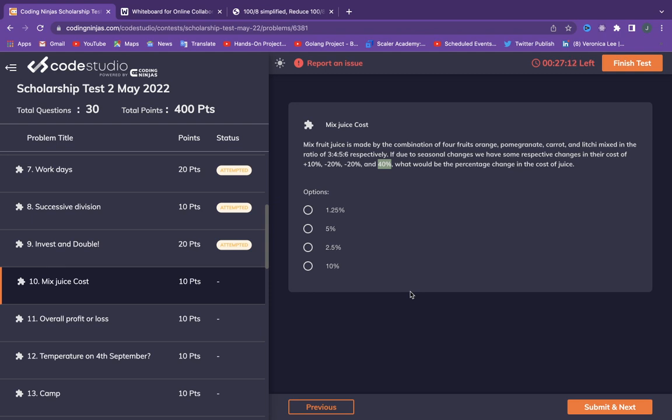Let's say the cost is 18x, or the 18x is like 3 shows x.